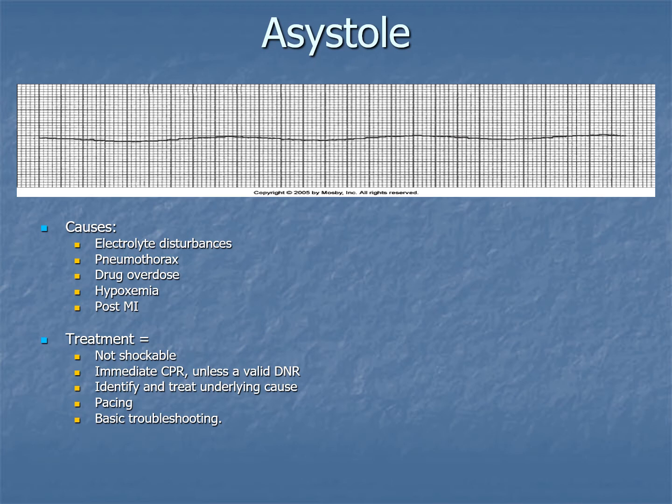Treatment, again, it's not shockable, immediate CPR, unless the patient has a valid DNR order. Identify and treat the underlying cause, pacing the patient, and basic troubleshooting, with the deductive process that you go through to see, is there an obvious cause that we can quickly remedy.